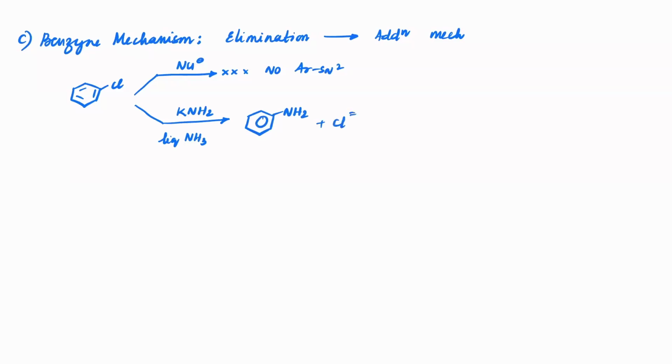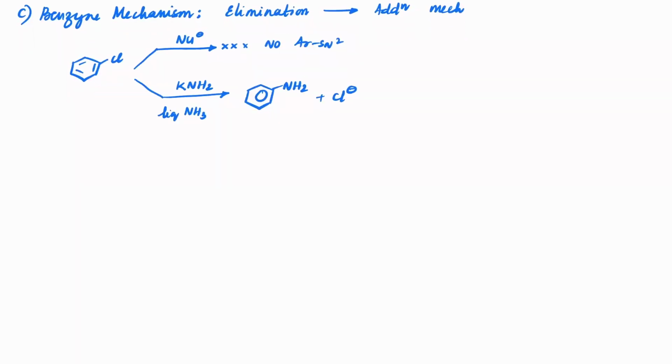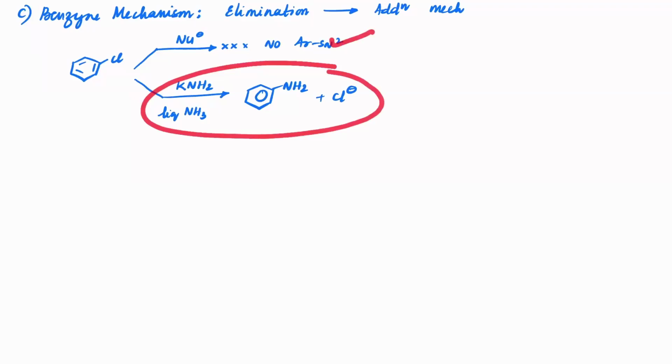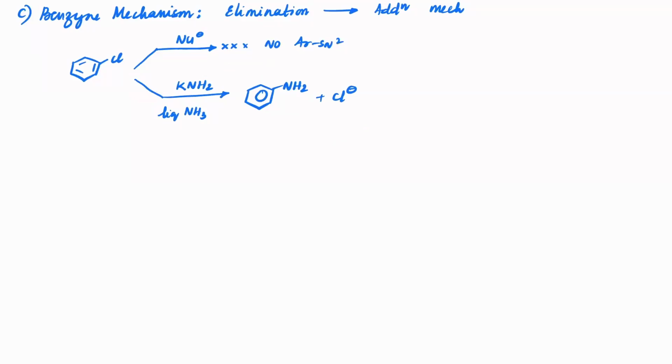Now, how come this is forming? This is definitely not through ArSN2, because if ArSN2 has to happen, the nucleophile has to attack, but that is not happening here. You notice that this is a reaction which is happening.